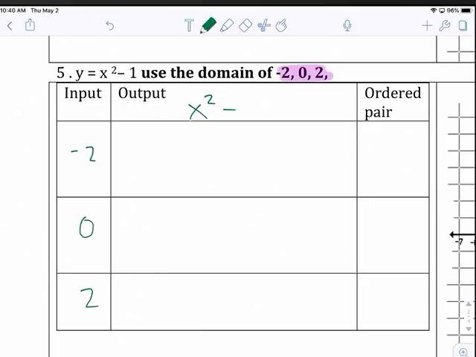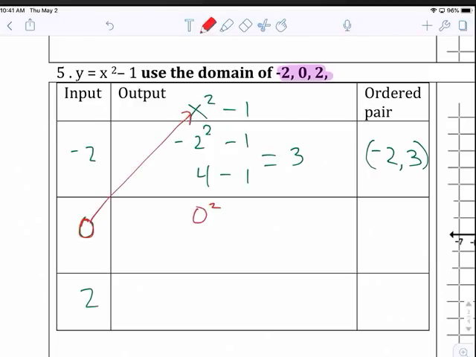X squared minus 1, so negative 2 squared is 4, minus 1 is 3. So your ordered pair is negative 2, 3. Aaron, where do we put the 0? X. So this is 0 squared minus 1. 0 minus 1 is negative 1, right?